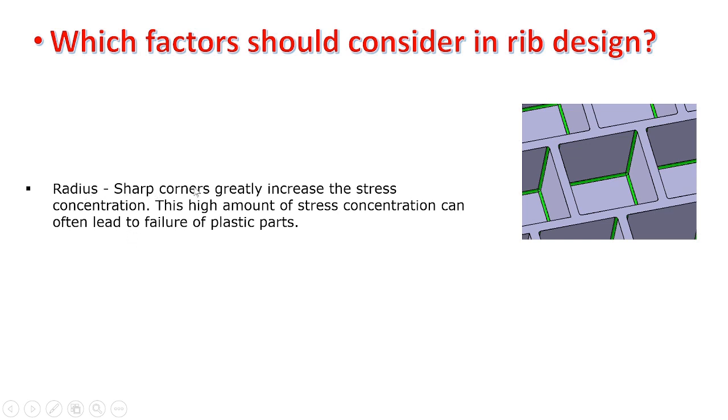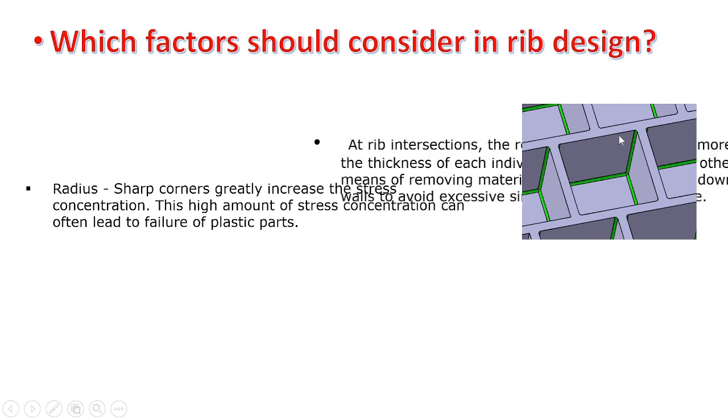Because sharp corners greatly increase the stress concentration. This high amount of stress concentration can often lead to failure of plastic parts. Instead of that radius, if the corners are sharp, then the stress concentration in that portion is very high, so there are chances of failure there.